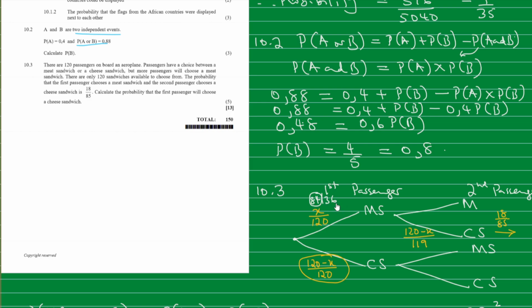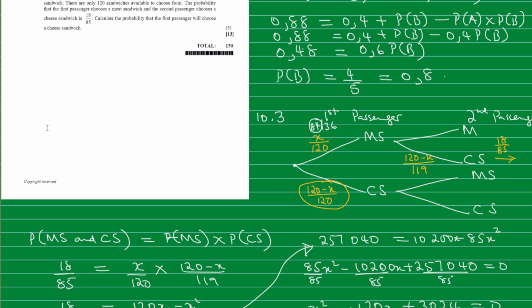So if there are 84 people who choose the meat sandwich, the number of people who choose the other sandwich is 120 minus 84, which is going to be 36. So the value here is going to be 36 over 120.